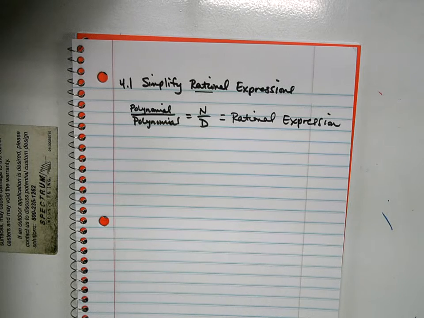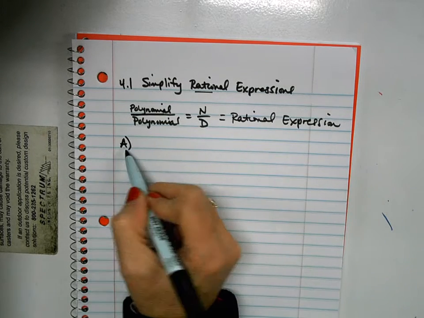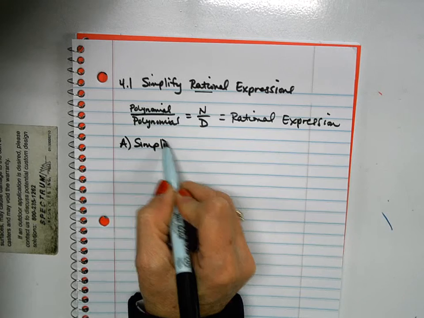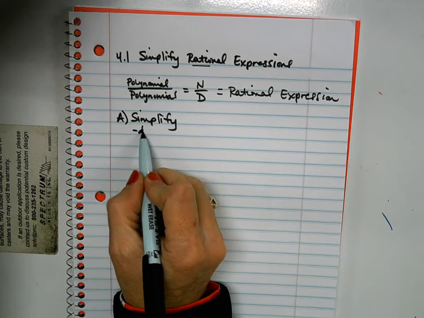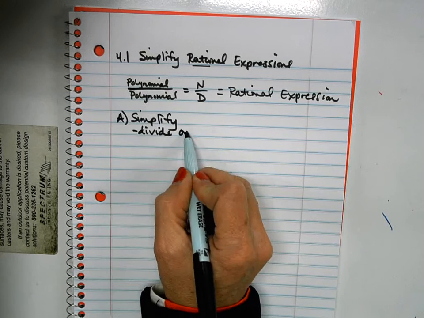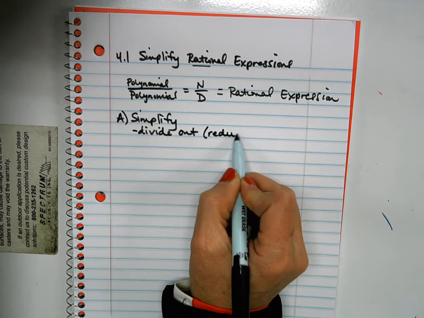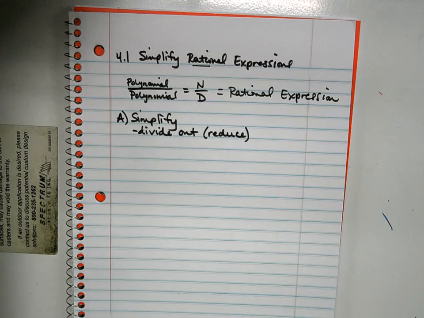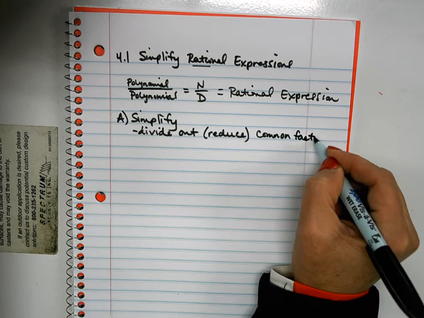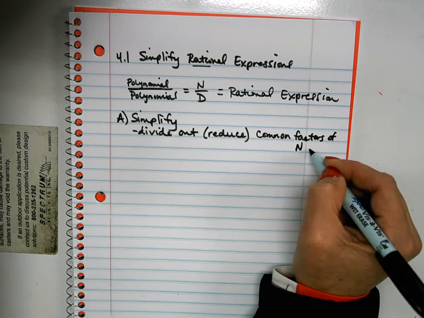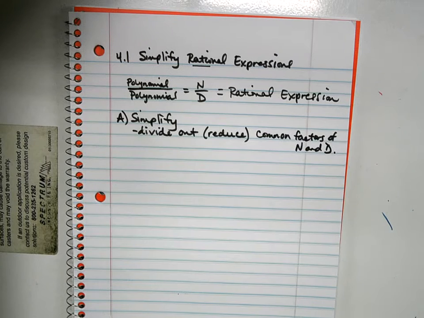Okay, so for example here, if I asked you to simplify, which is what today is going to be about, you're going to divide out, reduce, or sometimes we'll say cancel, the common factors of n and d. Anything in the numerator that's exactly the same in the denominator, you can cancel away.